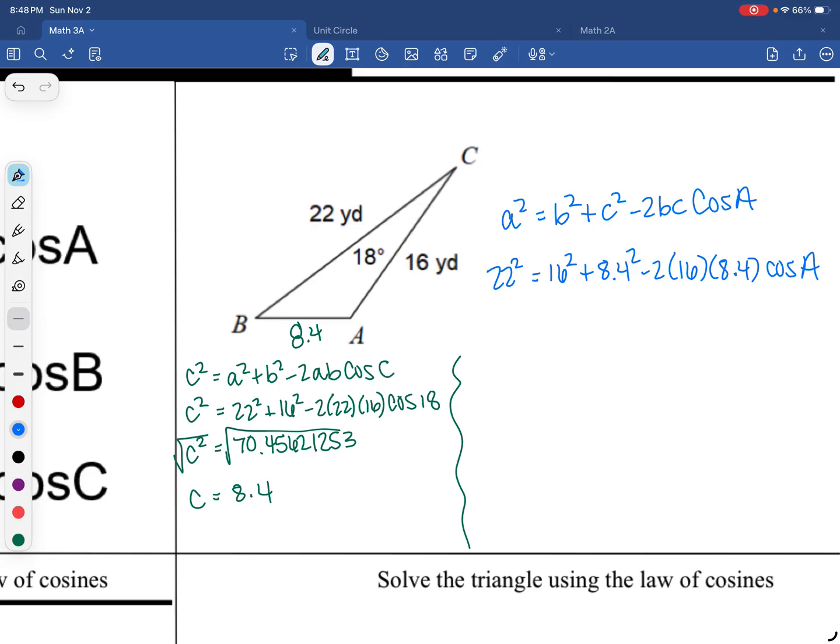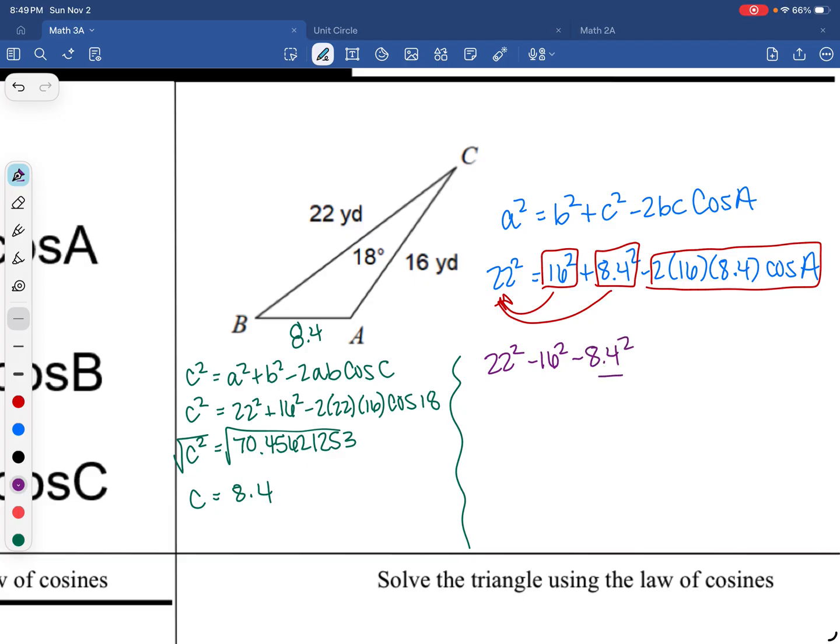And just remember your different terms. You've got here, here, and here. So you want to move the first two, just the single numbers, over to the other side. So we have, let's go purple, 22 squared minus 16 squared minus 8.4 squared all over this other stuff that would be considered the coefficient.